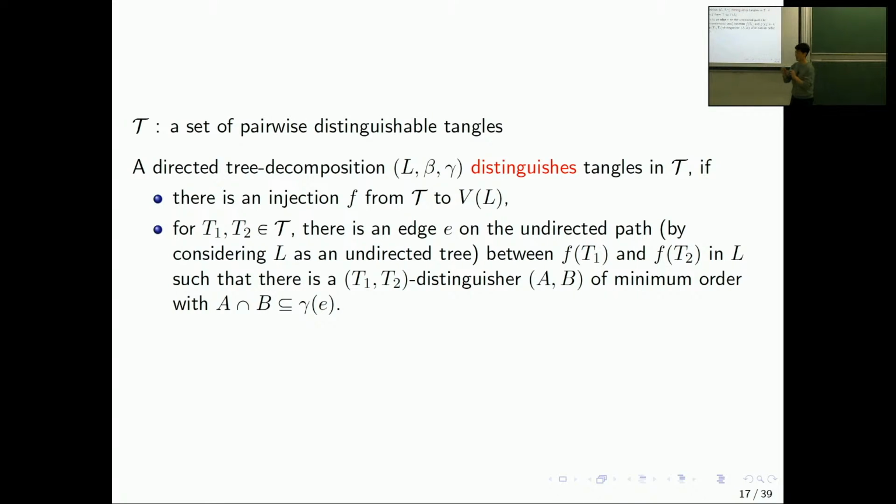So you assign the tangles to different nodes in some way, and for different tangles, there is an edge on the path in the tree decomposition, where there is a minimum distinguisher whose intersection is contained in the guard.